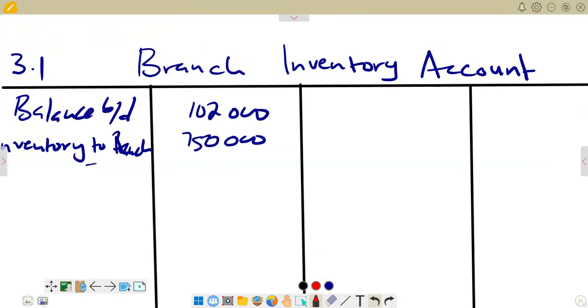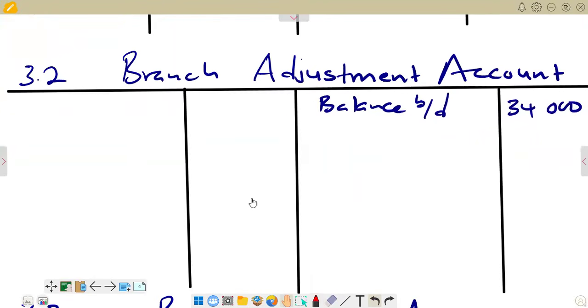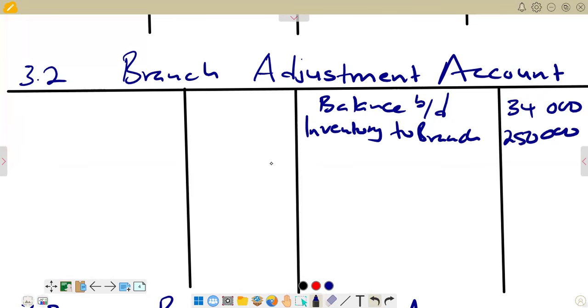We go to the branch adjustment account, on the credit side, and say inventory to branch, and the entry there is 250. Then we go to the inventory to branch account and debit it with 250.